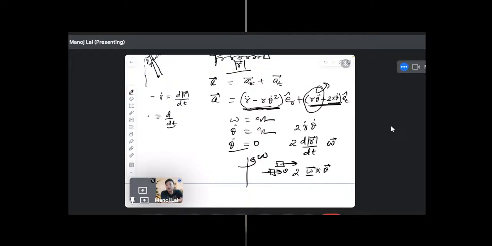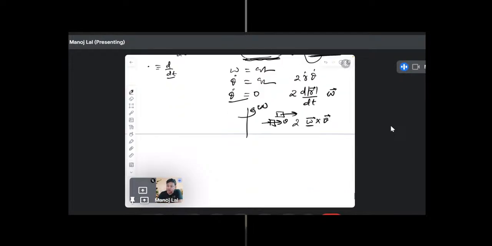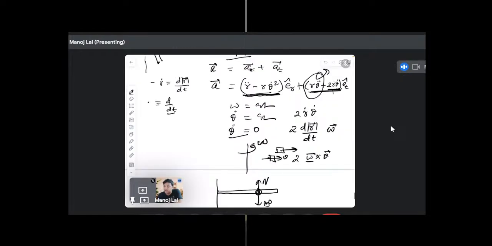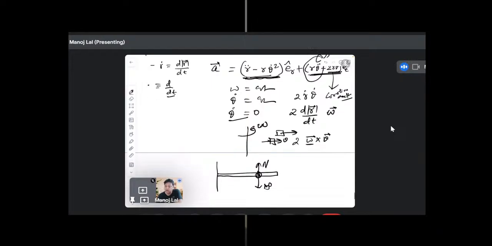And then one more force also acts. This is the bead, this is mg and this is n, but one force also acts in this direction. This is called the Coriolis force or Coriolis acceleration. Since there is acceleration, there is a force, and who provides that force?